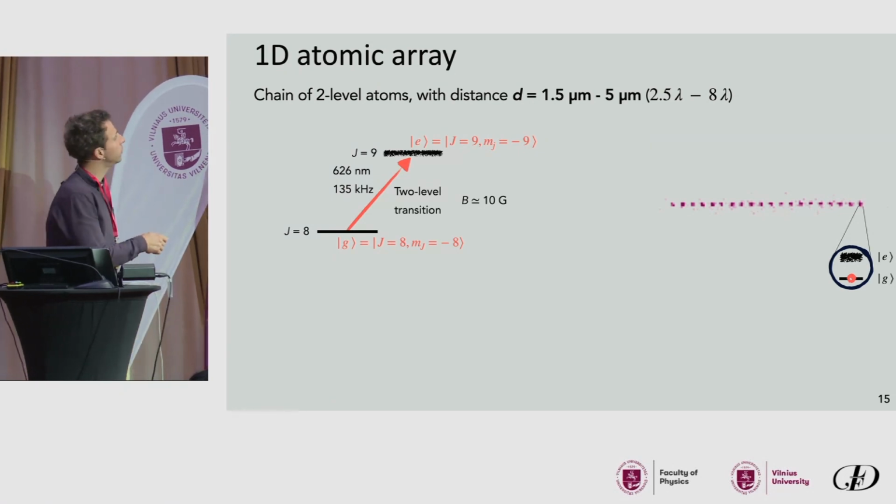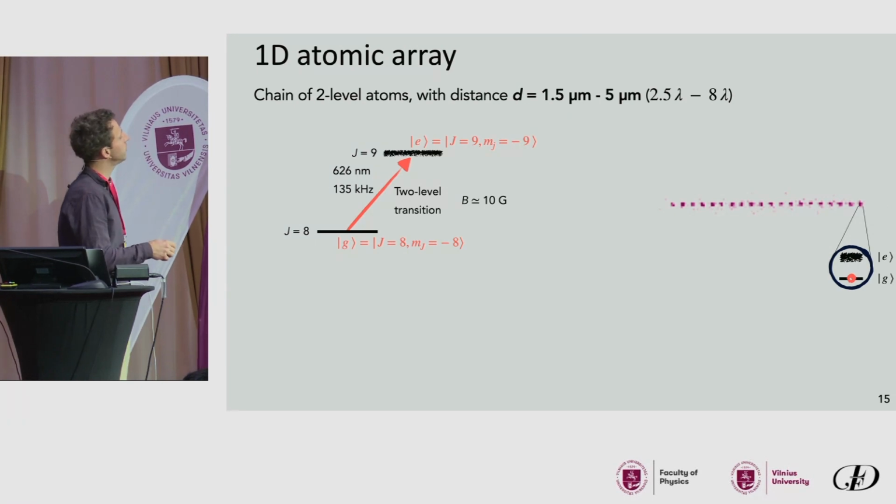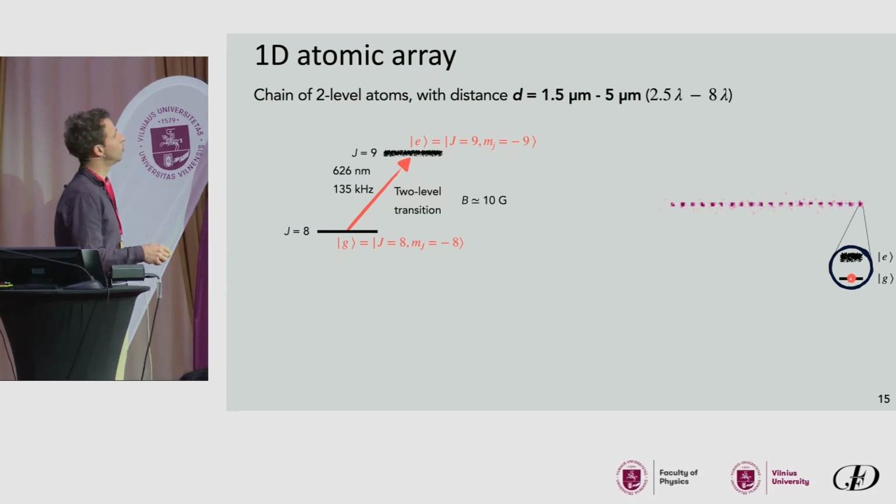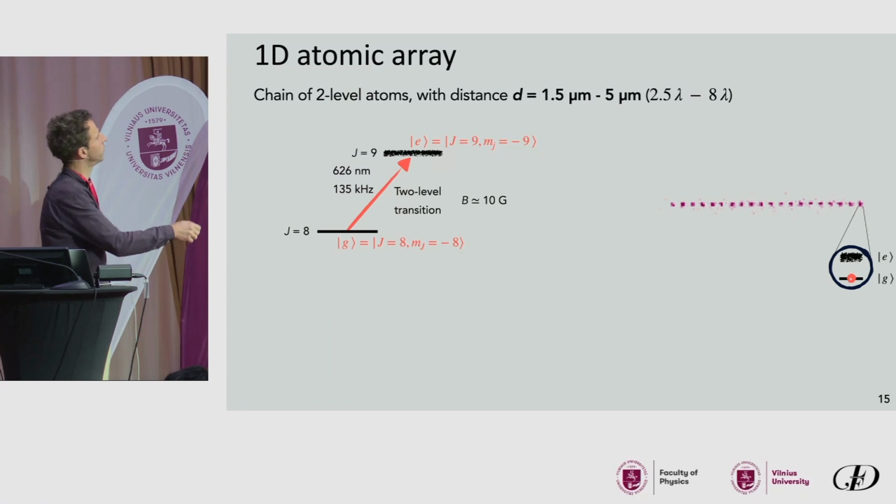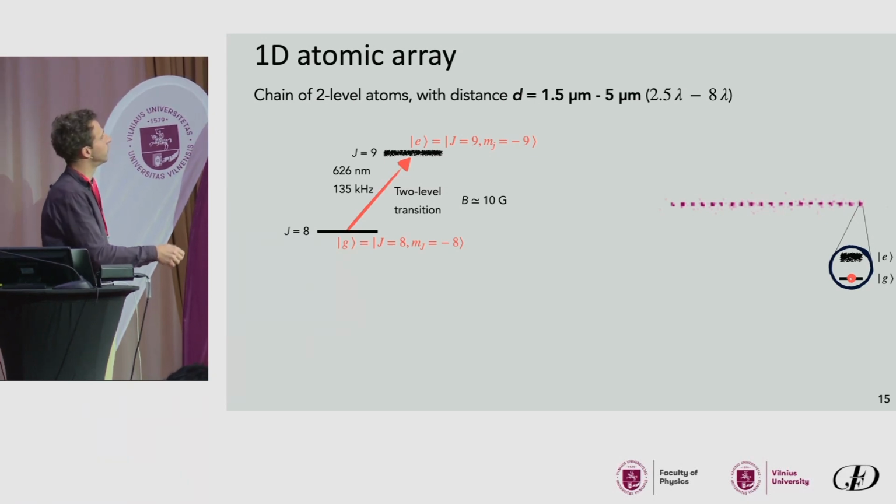To isolate a two-level transition in dysprosium, we've picked this transition. It's relatively narrow, so you don't need a very strong magnetic field to isolate a two-level transition. We have J equal to 8, so we isolate the two stretched states, the two lowest states, Mj equal to -8 and -9.